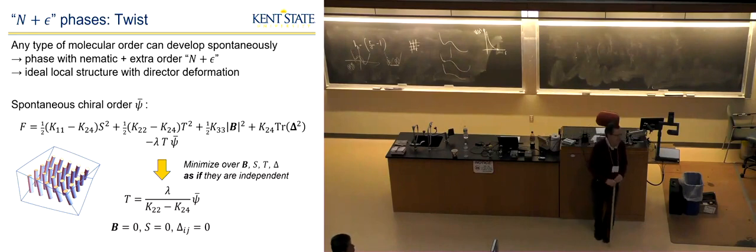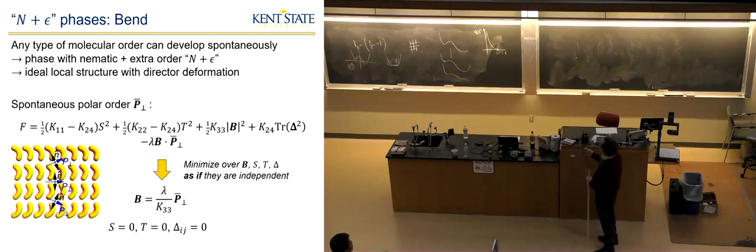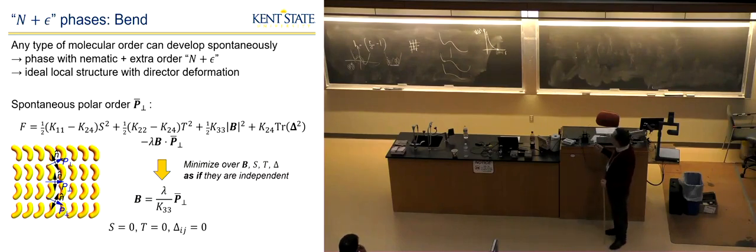I have a question. I'm confused about the piece that you added, for example, the bend. The piece that you added now is odd in director, and it's in the free energy. No, it's not. Okay, so for the bend case, right? The piece that I added, it has bend coupled with polar order, right? So polar order is some extra order besides the nematic, okay?